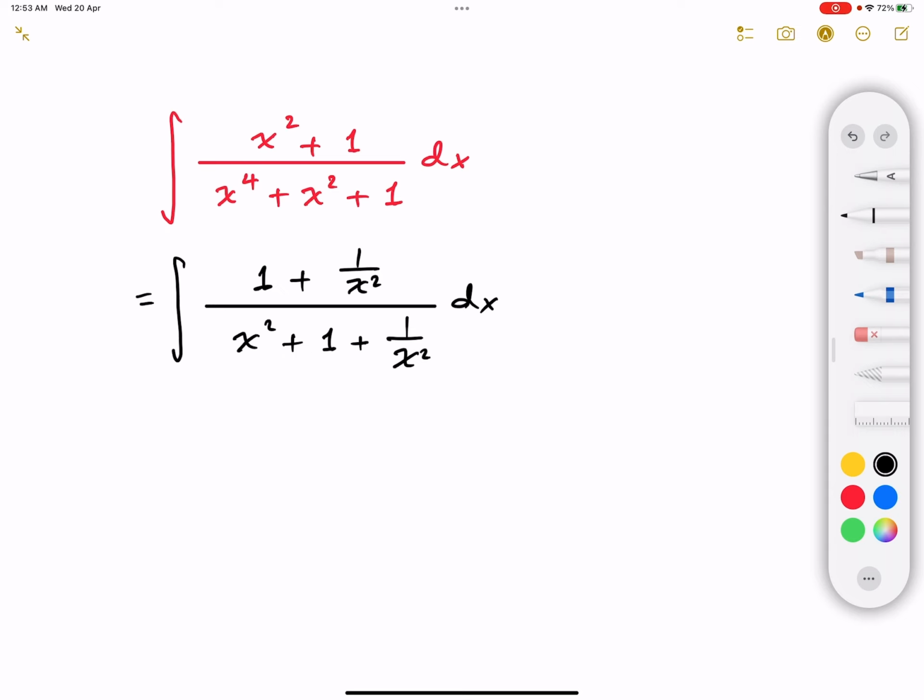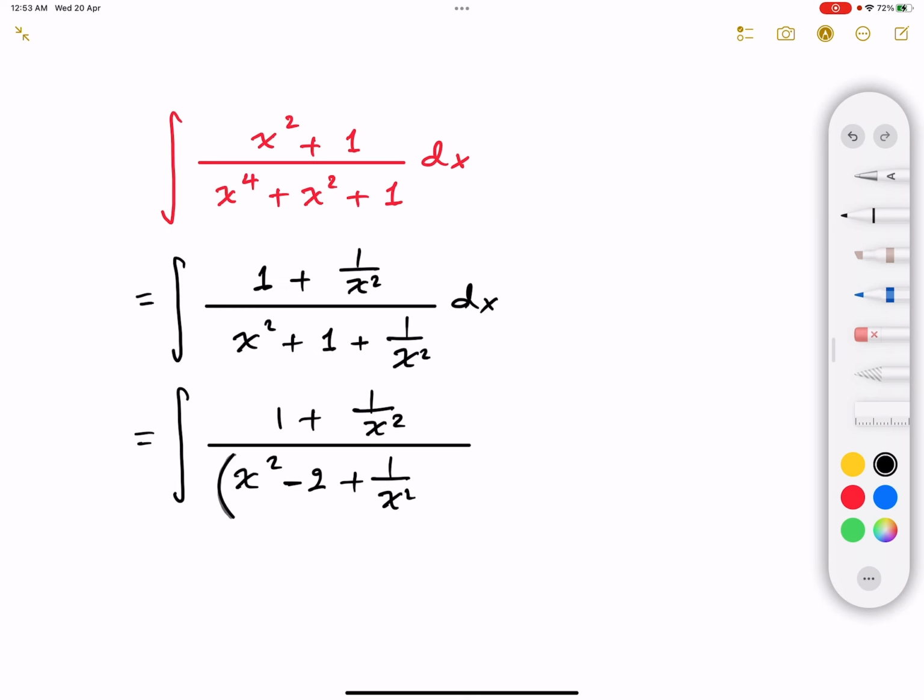So what we're going to do here, to force this to be x minus 1 over x, we're going to subtract 2 and add 2, okay? So that is going to be equal to 1 plus 1 over x squared. Now x squared, we're going to subtract 2, and then we're going to bring the x squared plus 1 over x squared here and put all that between two parentheses.